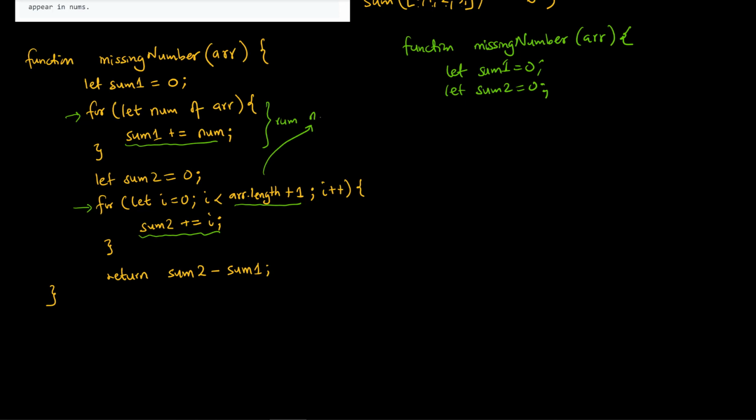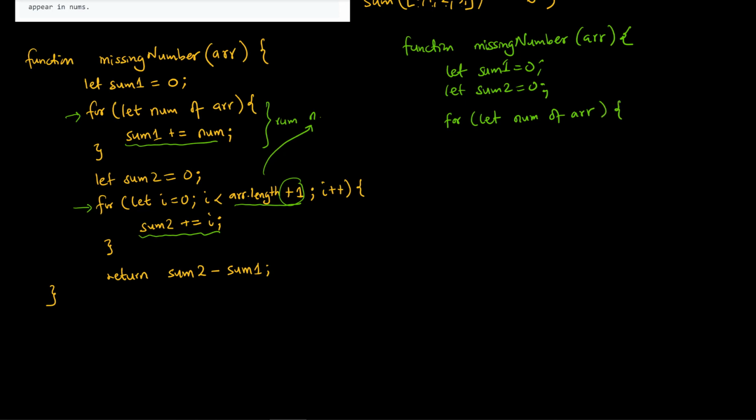So it means we need this loop to run one time longer, or we can run this loop one time and then do the additional plus 1 manually. So we can do for let num of array.